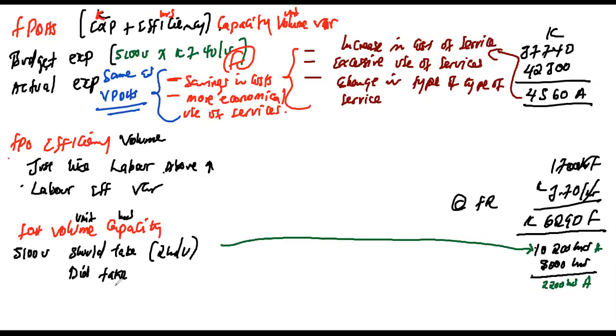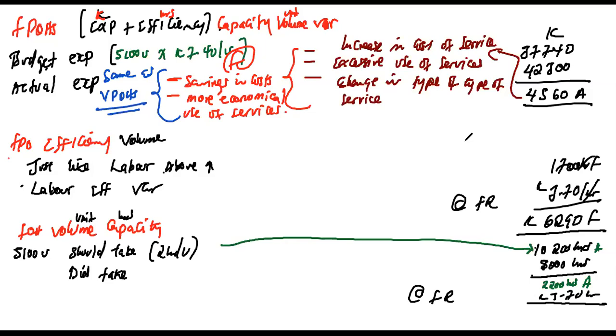How much? Because it's a fixed overhead, we use the fixed rate. 3.70 kwacha per hour. Have you seen how I'm writing the answers? I'm including kwacha per hour. In the exam, do the same, kwacha per hour. This is management accounting, show the units.